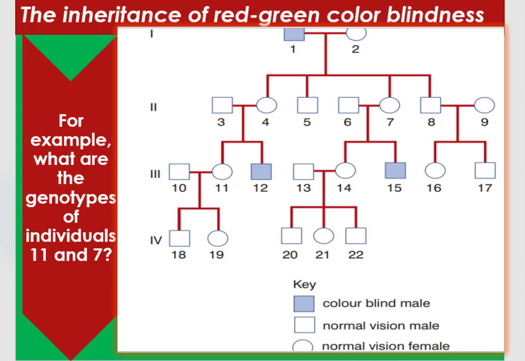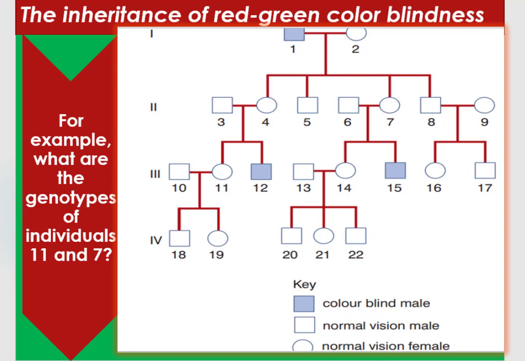Here is the pedigree, or family tree, that shows the inheritance of red-green color blindness. Square indicates male, circle indicates female, shaded indicates affected, and non-shaded indicates normal vision.